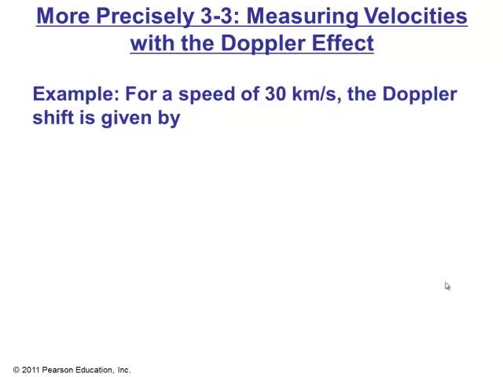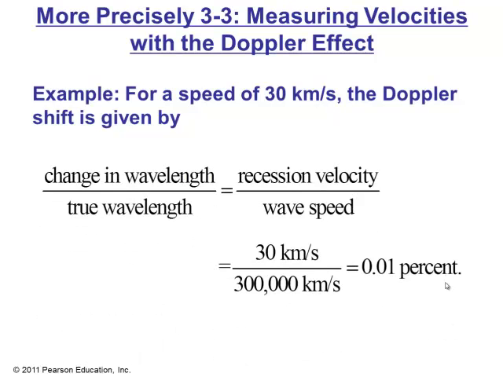The change in wavelength divided by the true wavelength is equal to the recession speed, which we know is 30 kilometers per second because they told us that, divided by the wave speed, which is always 300,000 kilometers per second. And we see that the Doppler shift, the change in the wavelength, is going to be 0.01%.